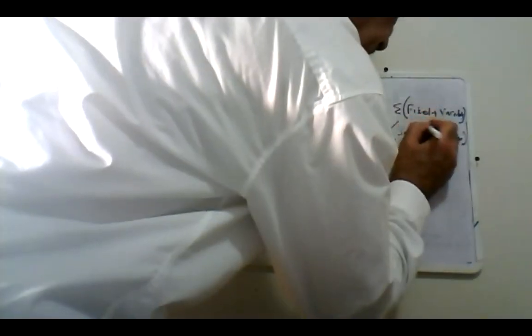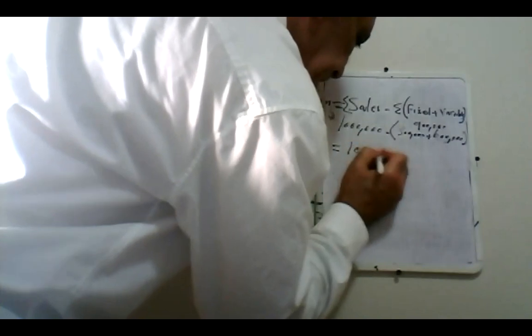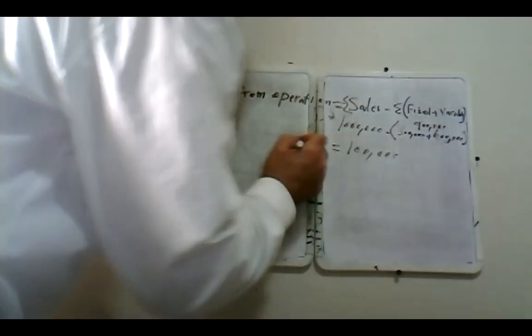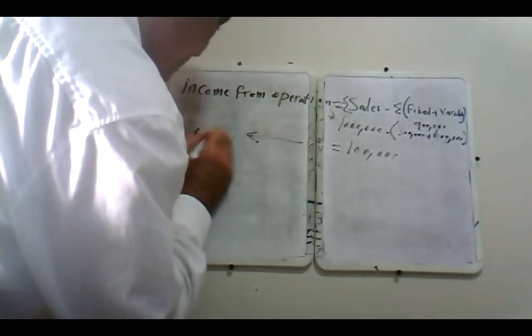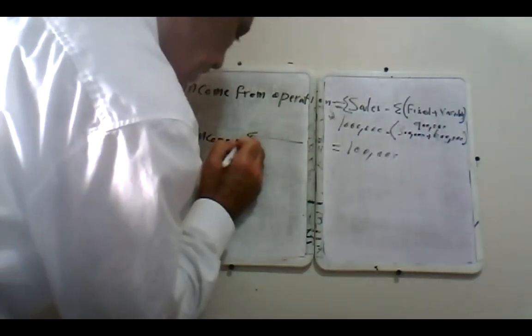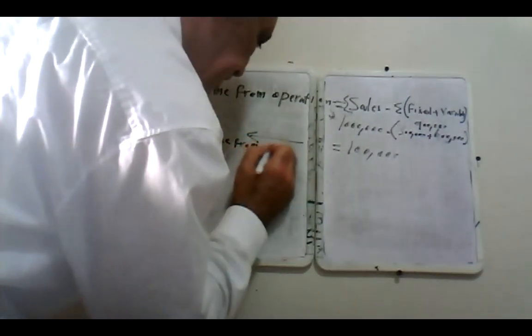All of them come to $900,000. Out of 1 million, that will give me $100,000. I call this $100,000 the income from operations.